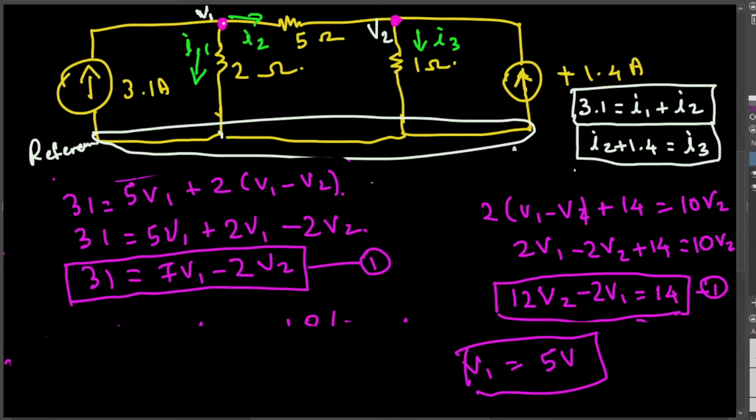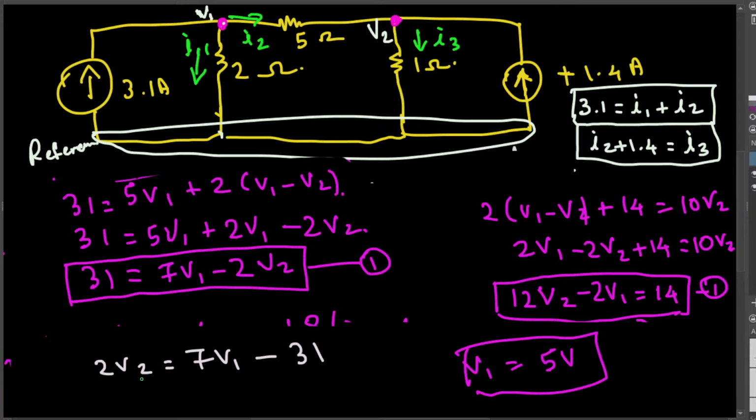Let's put the equation again. This is negative 2v2 and I want to arrange this in terms of v2. So I bring the 2v2 to the other side. So 2v2 is going to be 7v1, and if I bring the 31 to the other side, that's going to be negative 31 here.